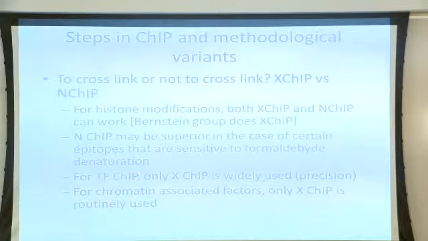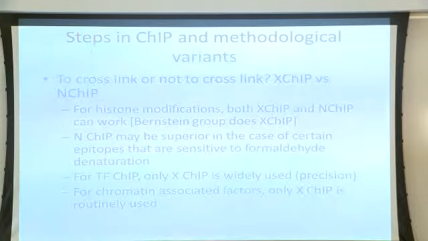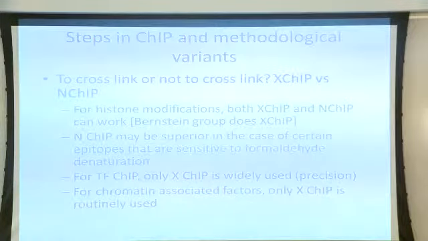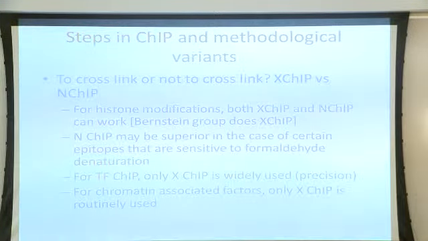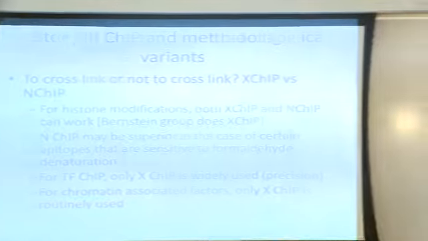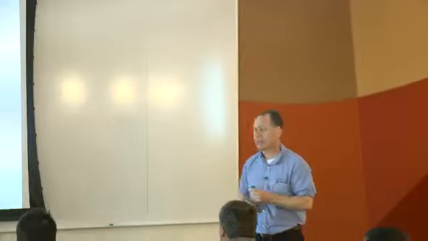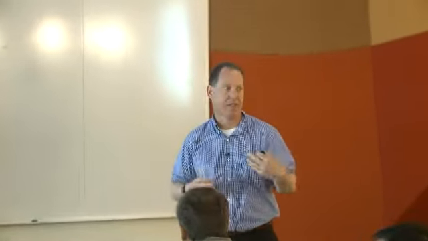For transcription factor ChIP, only X-ChIP is really widely used, because when people are doing ChIP with antibodies to transcription factors, they're very, very interested in the specific localization of the antibody on a specific DNA sequence that the transcription factor recognizes. So they want that high precision that's achieved by cross-linking the protein to the DNA. In contrast, ChIP with antibodies to histone modifications is a somewhat lower resolution method.